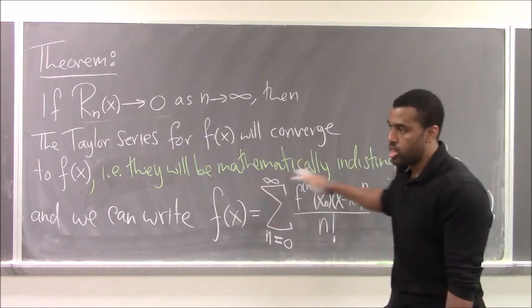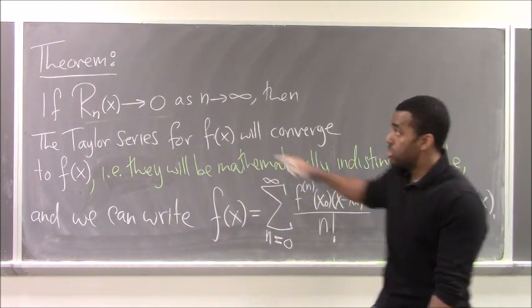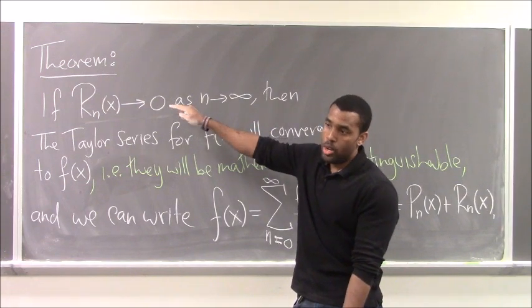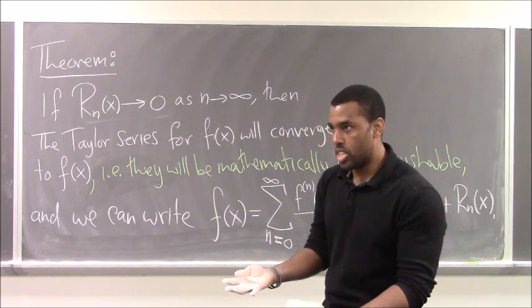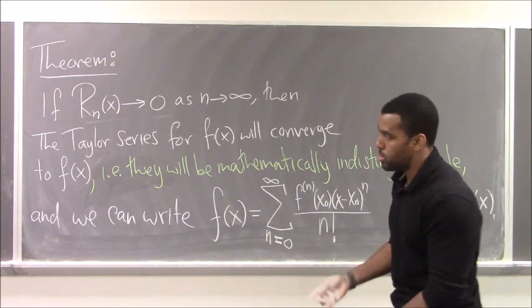There are times when you can actually do this. You can find the Taylor series for a function, and the remainder term does not approach 0, which means the Taylor series and its function are different. That is possible.